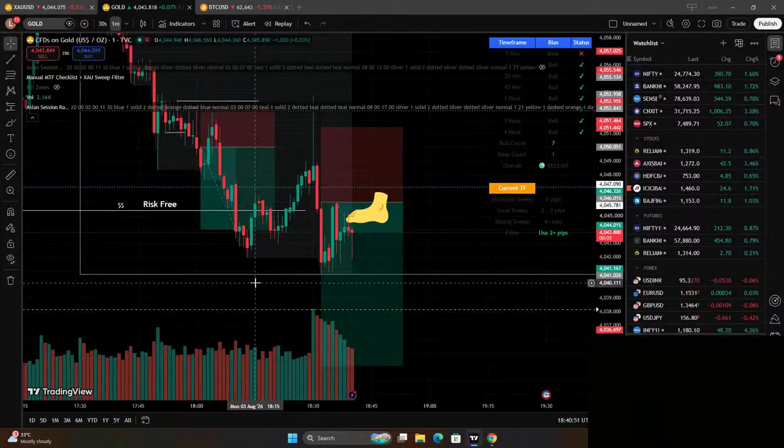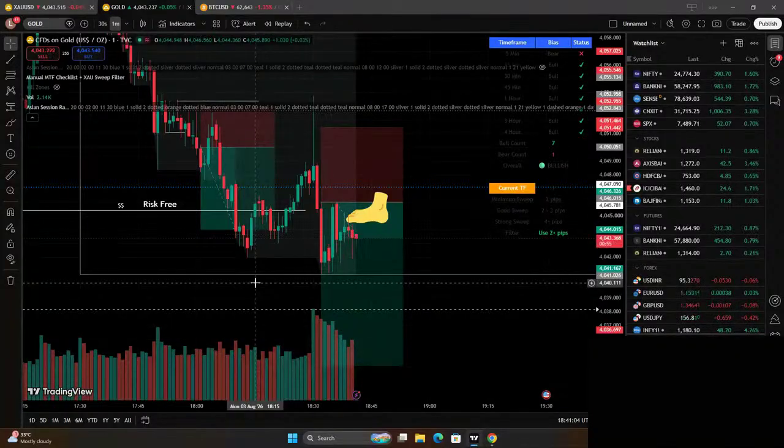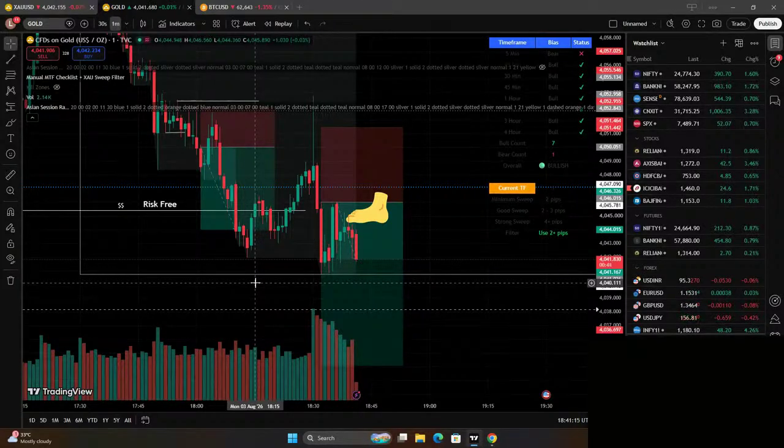This could have been the worst candle formation. Okay, this is a good candle. This is a good candle. Not anymore.